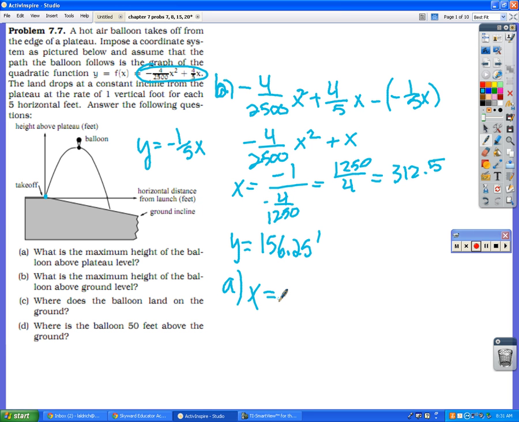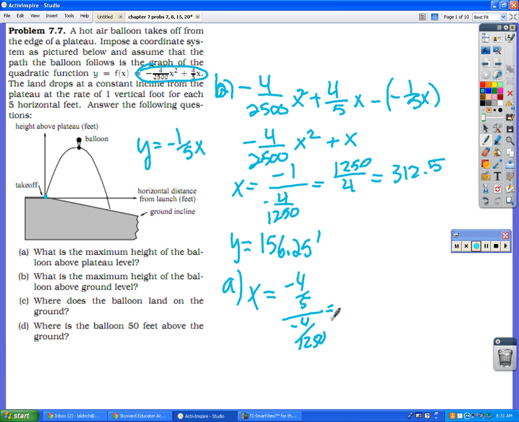So the x-coordinate of the vertex is negative b over 2a. So I'm going to go negative b is negative 4/5, divided by 2a, which is once again going to be negative 4 over 1250. Okay, reset your calculators.